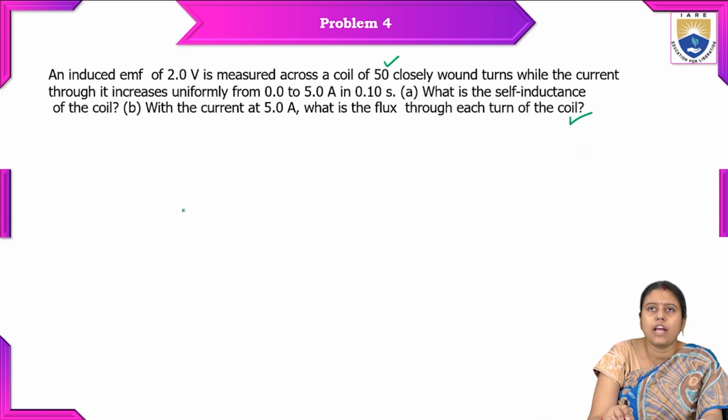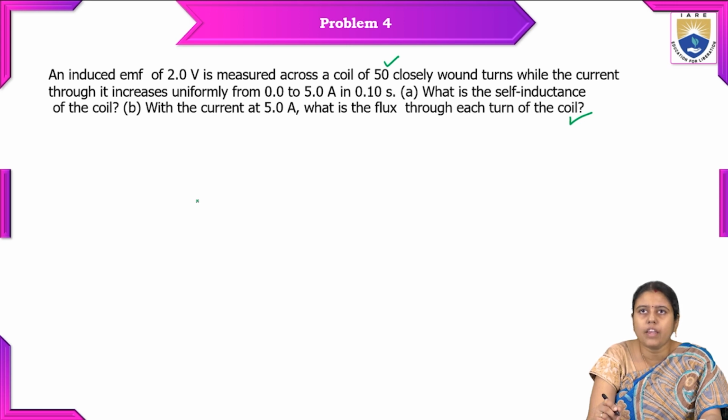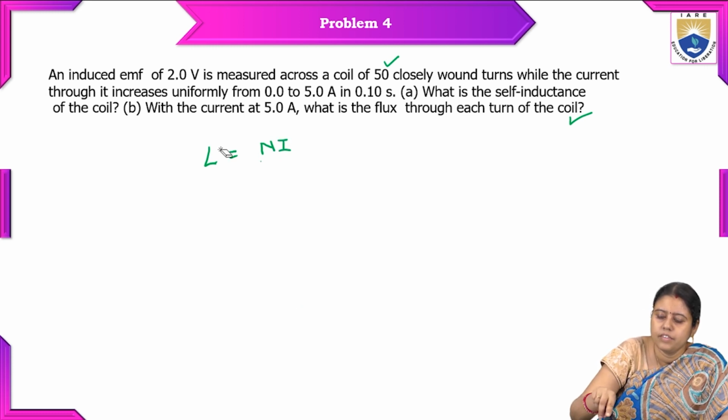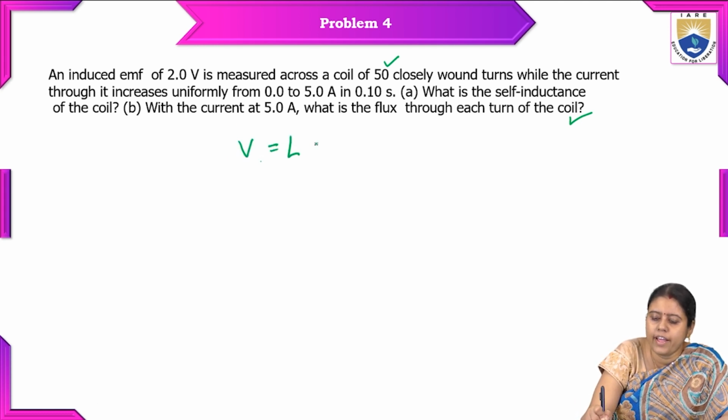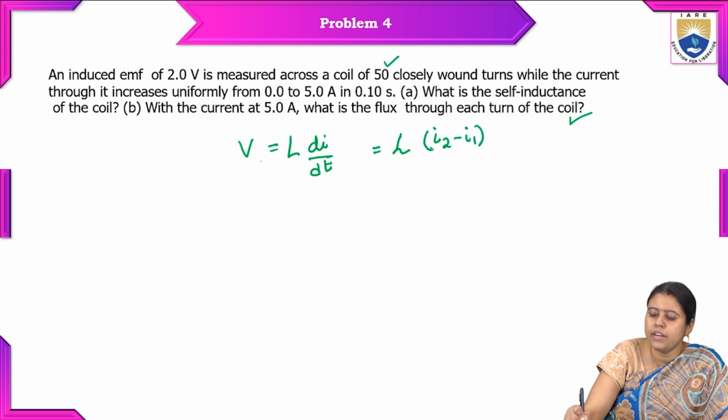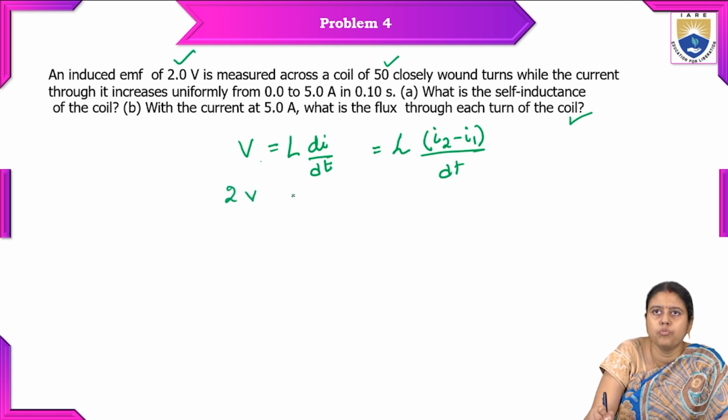So first we will calculate. We know that the inductance L is equal to N I. We can write induced EMF V is equal to L di by dt, or we can write L (I2 minus I1) by dt. So what is the value of V? V is given as 2 volt.